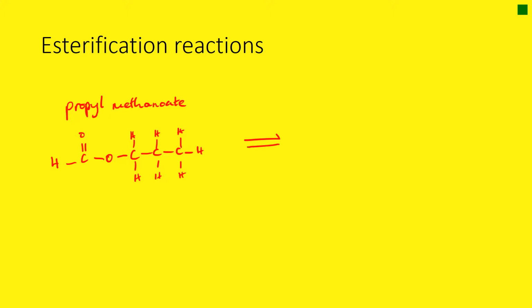And let's practice the question that says, okay, there's propyl methanoate, which acid and alcohol did it come from? So, well, we're going to have a look at the split. Okay, so we're going to split it here, and on the left of that is the acid part, and on the right of that is the alcohol part.